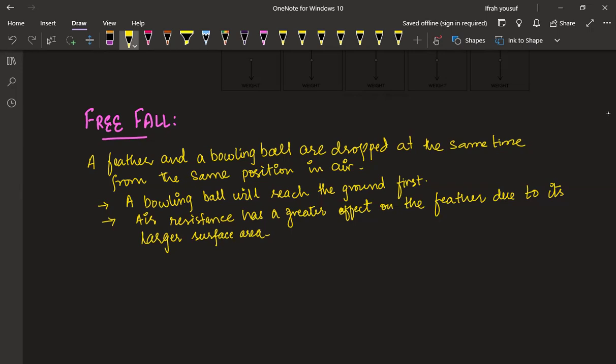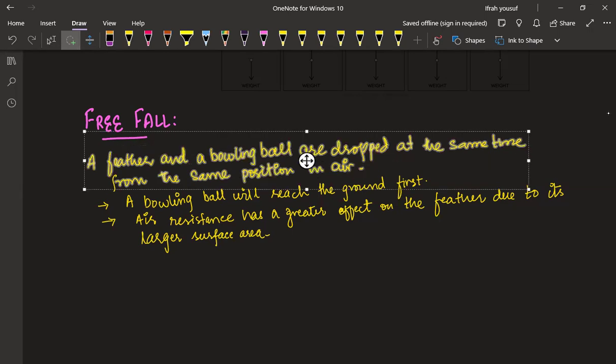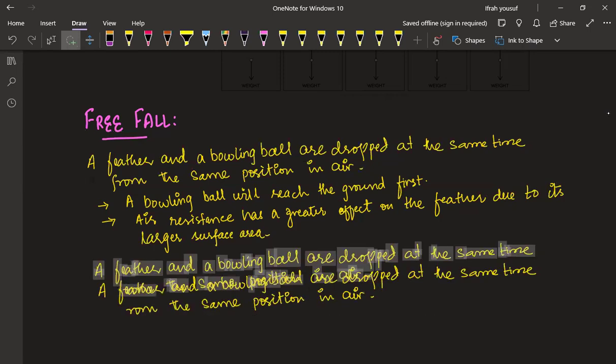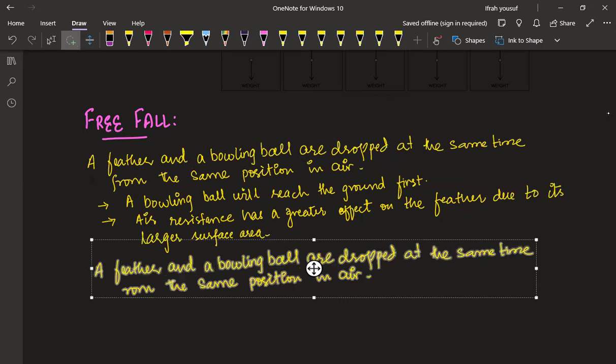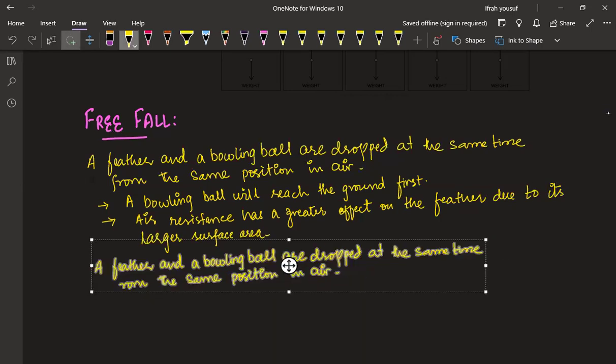And what do you think if air resistance is not there? Let's assume these two objects, the feather and the bowling ball, are both dropped at the same time from the same position in a vacuum.